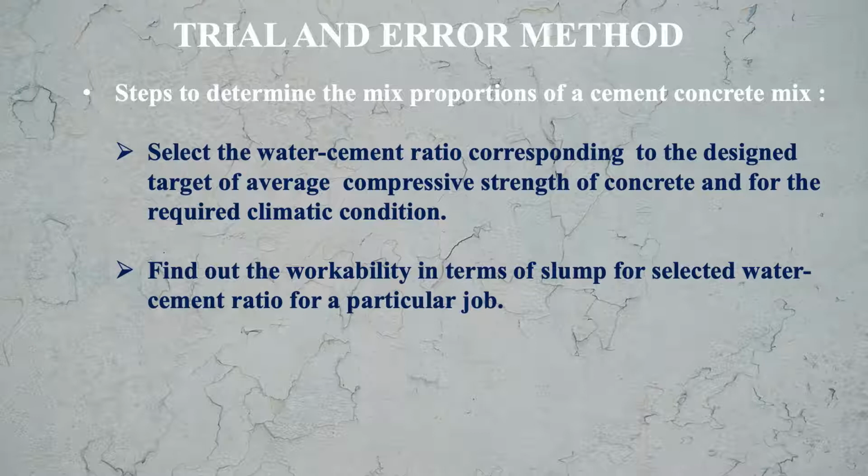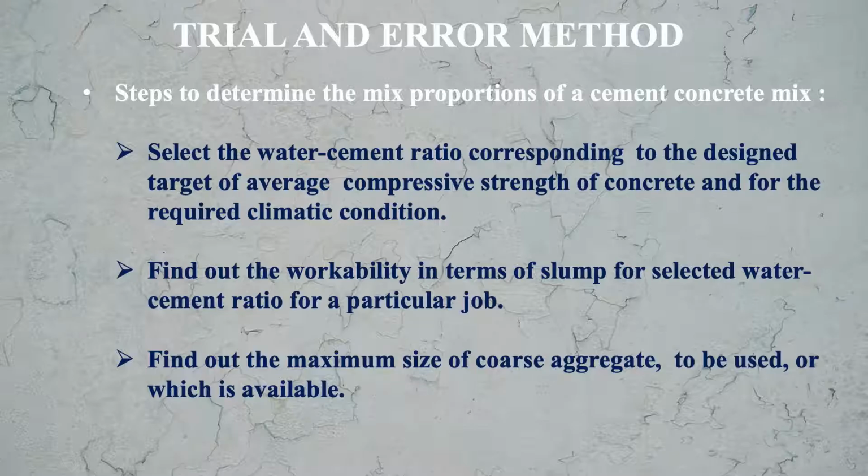Then the next step is to find out the workability in terms of slump for the selected water cement ratio for a particular job. Means we have selected the water cement ratio, then we have to find out the workability in terms of slump for that particular type of work or job.